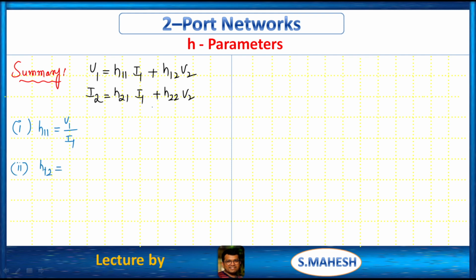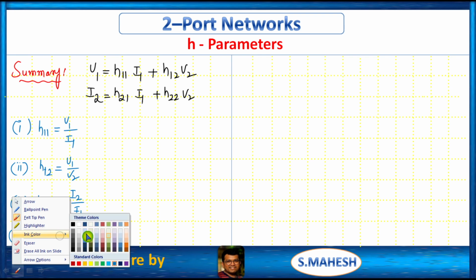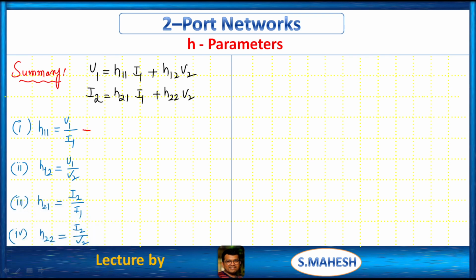H12 is V1 by V2. Next, H21 is I2 by I1. Fourth one, H22 is I2 by V2. See, from this we can write H11 is nothing but V1 by I1.